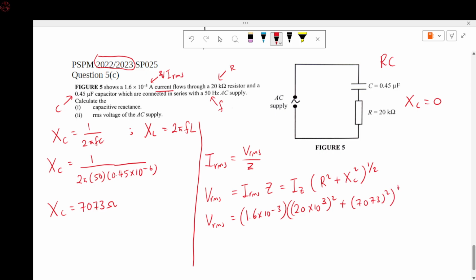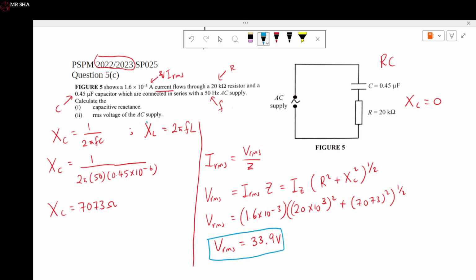Again, take a minute to input this into your calculator, and what you'll find is that your VRMS is approximately 33.9 volts, and that is the RMS voltage of the AC supply.